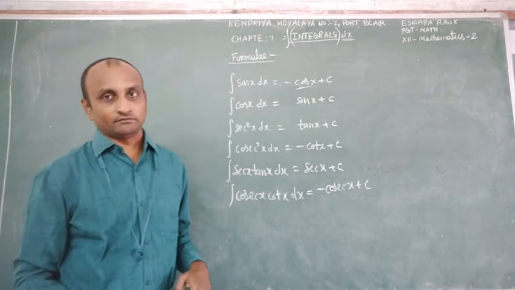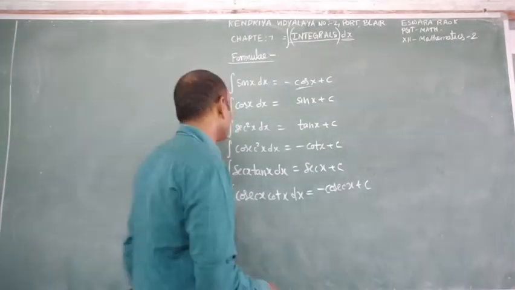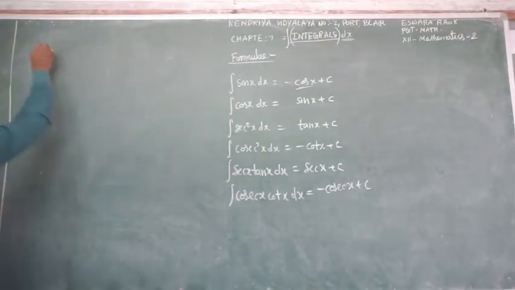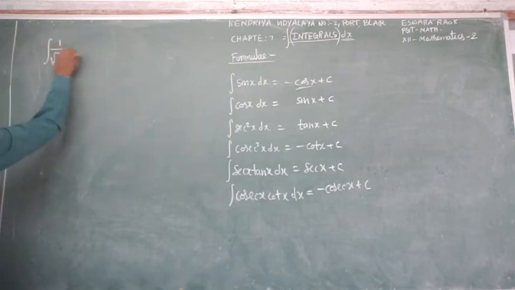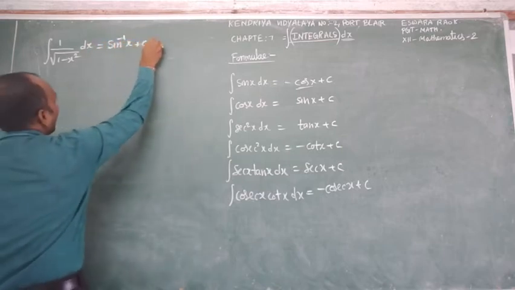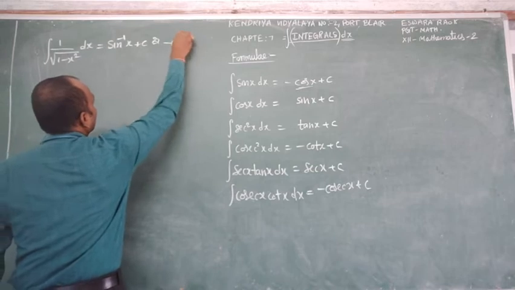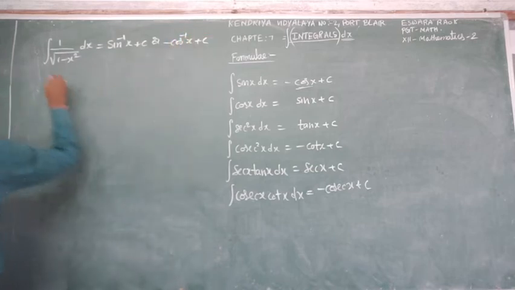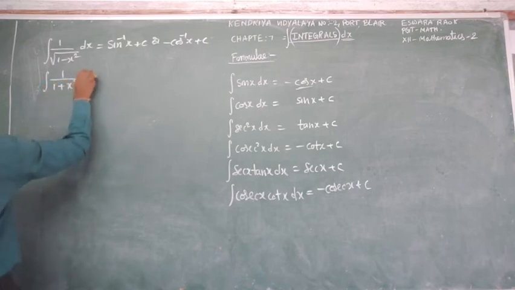But we also have formulas based on inverse trigonometry. The integration of 1 by root over 1 minus x square dx is sin inverse x plus c or minus cos inverse x plus c. What is the integration of 1 by 1 plus x square dx?